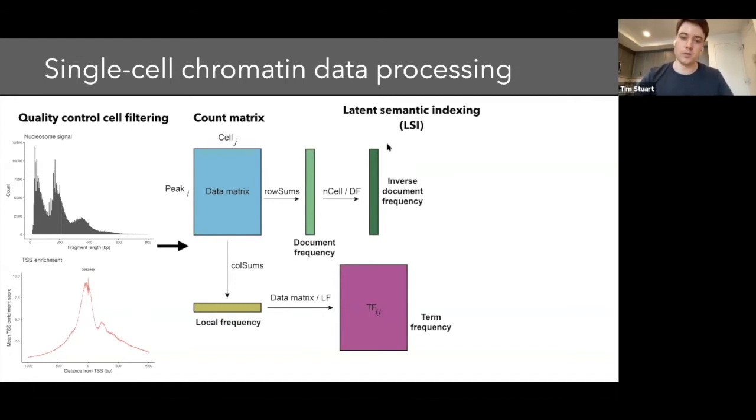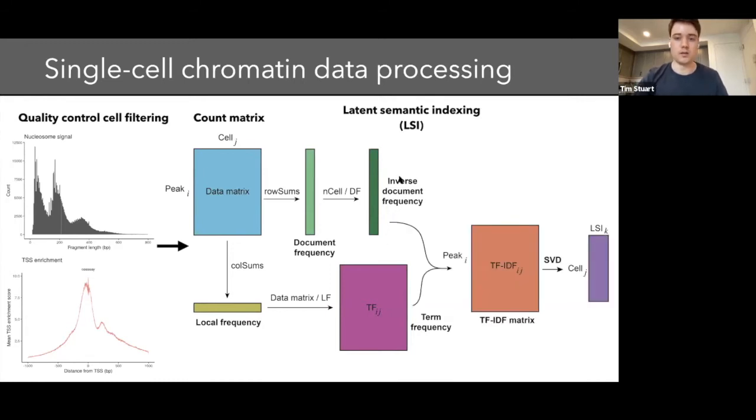So we can compute a set of weights, which is basically capturing the fact that some peaks that are more ubiquitous should get a lower weight, and more rare peaks should have a higher weight. We then multiply those weights by the matrix here, and we get this TF-IDF matrix, which you can basically think of as a depth-corrected, feature-weighted version of the count matrix.